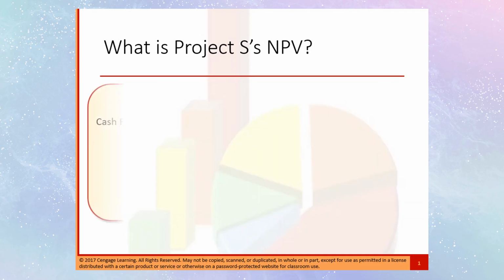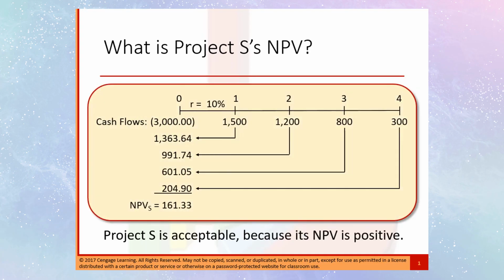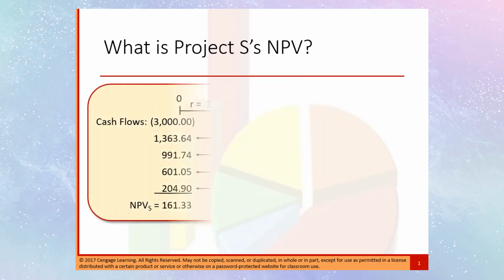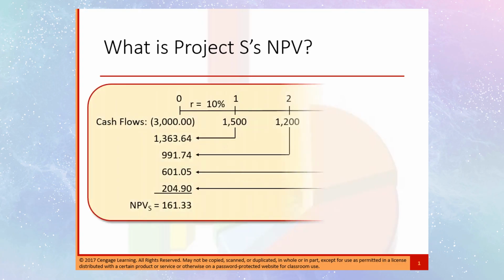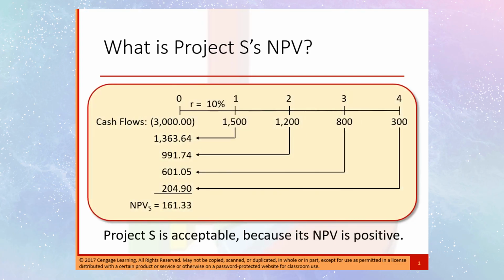Let's consider the net present value for Project S. Here we calculate the NPV of Project S using a discount rate of 10% and the projected cash flows from the project. Once we determine the net present value of each inflow and subtract the cost, we then get net present value.